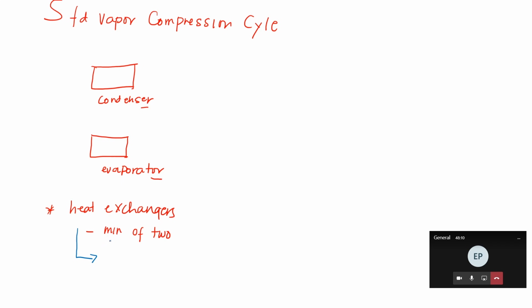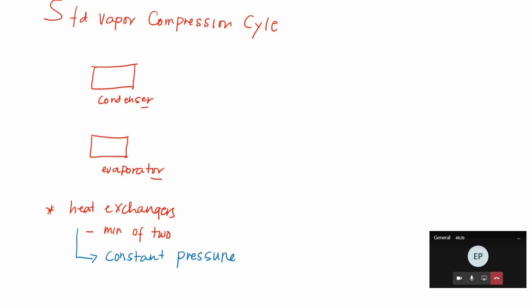And what is happening in a heat exchanger is this. Ideally, it is behaving under a principle like constant pressure.